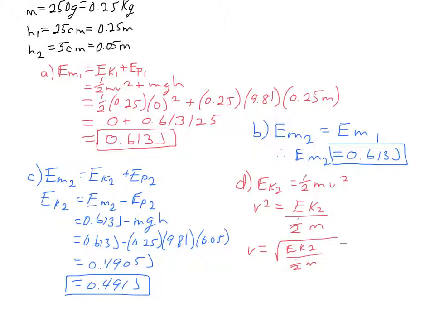So we can plug in our numbers here: 0.4905 divided by half times our mass, which is 0.25. If we take the square root of all that, we will get our velocity, or our speed, sorry, which is 1.98 meters per second.